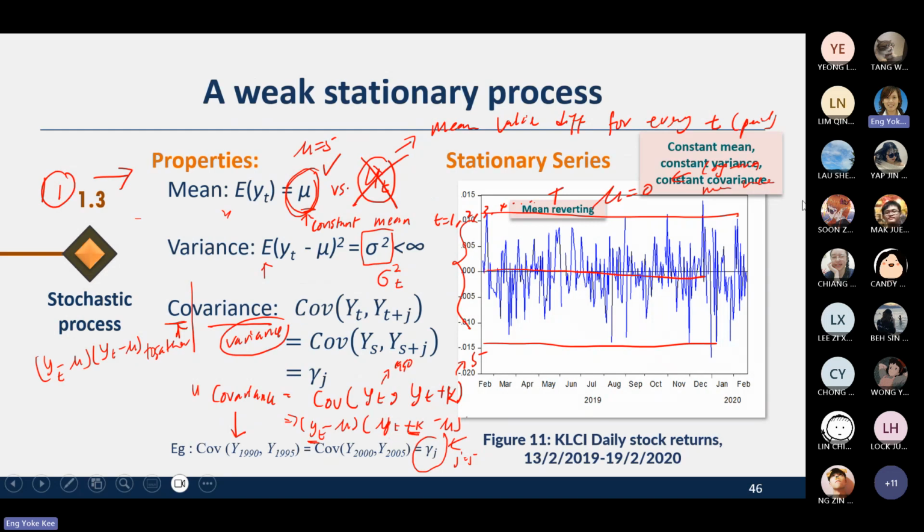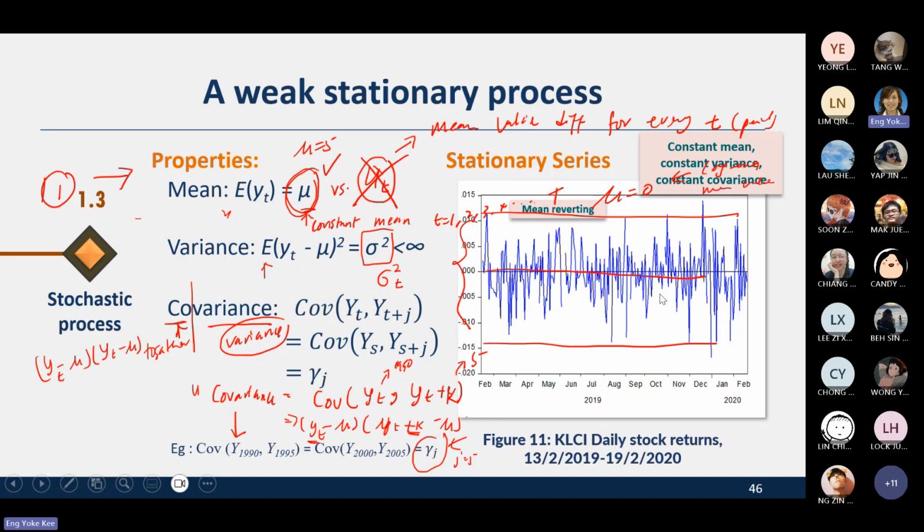Okay, so for a typical weakly stationary data, this is the characteristic. If you plot it visually, without the hassle of going through this calculation, you can probably see this kind of pattern. Roughly you see that the data show a mean reverting pattern. Mean reverting means what? Coming back to the mean value. No matter how far you go, you still come back to the mean value.